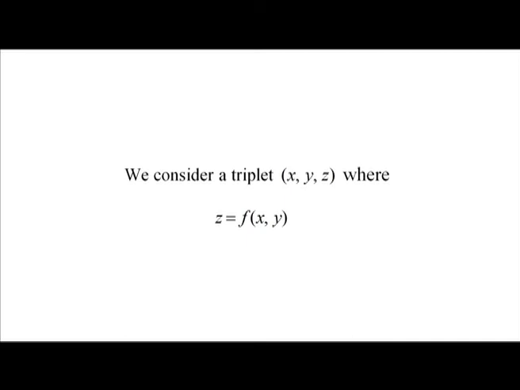Consider z = f(x, y), a function of two variables. Then the domain of f, denoted by D, is a subset of the plane. To each point (x, y) in the domain D, there corresponds a value of z given by z = f(x, y). Now, we consider a triplet (x, y, z) where z = f(x, y).